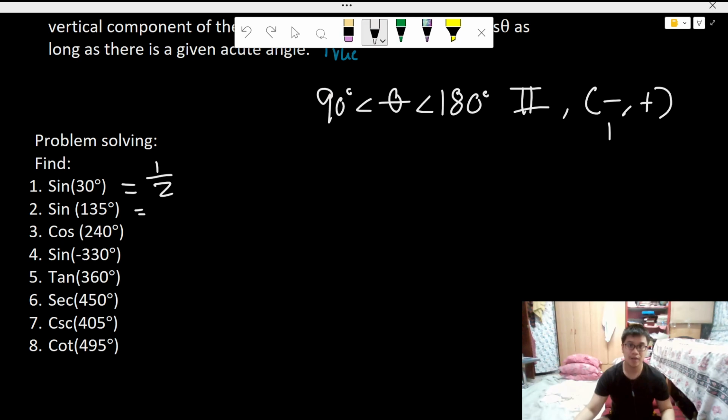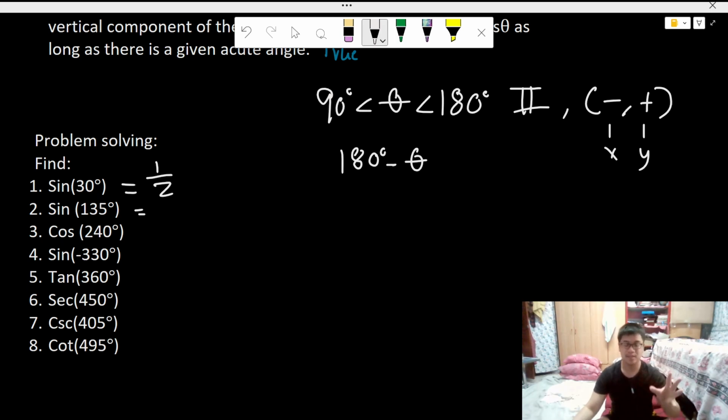So how do we get the reference angle? If the given angle is in the second quadrant, you just subtract the given angle from 180 degrees.